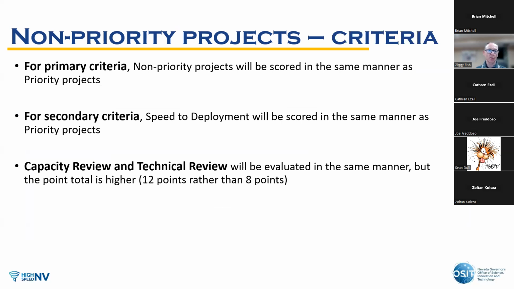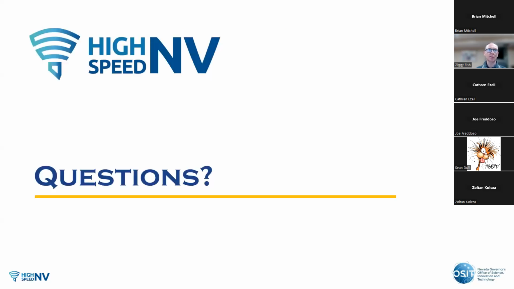So for any non-priority projects, fixed wireless for example, you can look at the priority project slides here. They're essentially scored in the same manner. The only difference on the capacity review and the technical review is that there's a higher point total available, 12 points rather than 8 points in each one respectively. But other than that, the actual evaluation is the same. So that was it. Now we're open for questions.